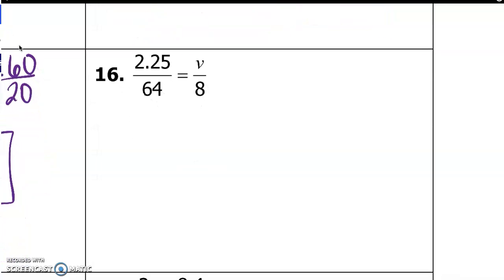So I'm going to do the same thing with 16. I see the v over here, so I'm going to do these two first. So 64v equals 2.25 times 8 gives me 18.